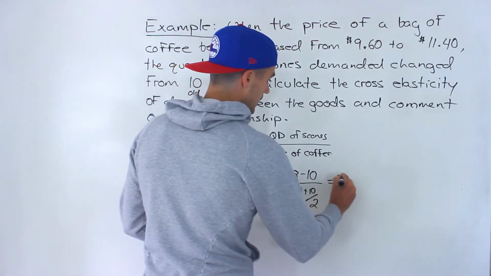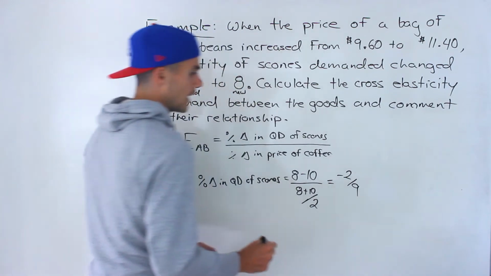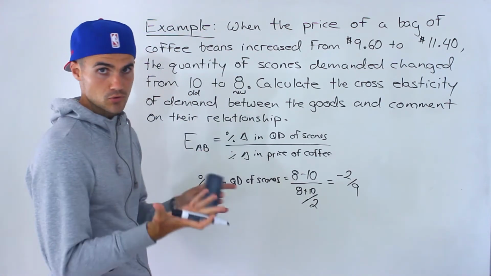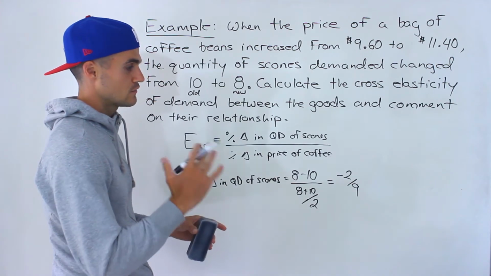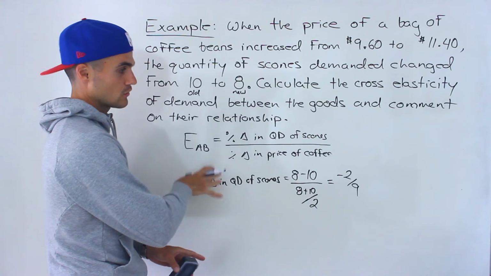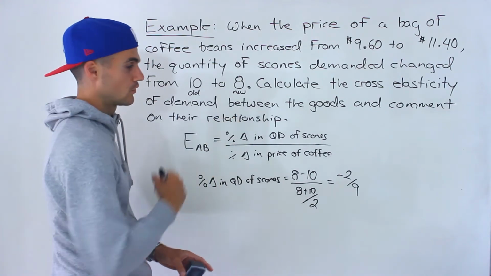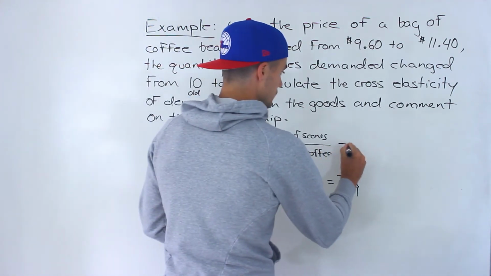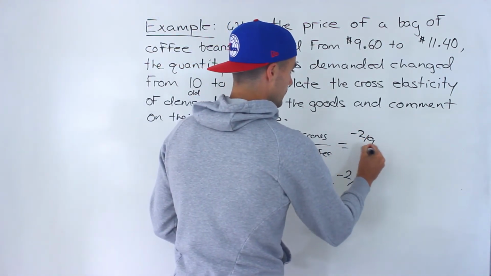So this would end up being negative 2 over 9, and I'm going to keep it in fractions just in case this is a multiple choice question on a test and the final answers are in fractions. I'll show you the final answer in fractions, and then we can convert it to decimals. So the numerator is negative 2 over 9.